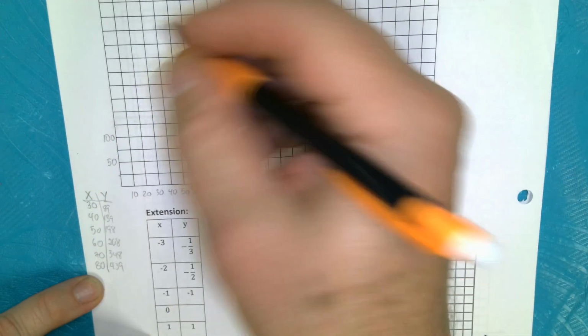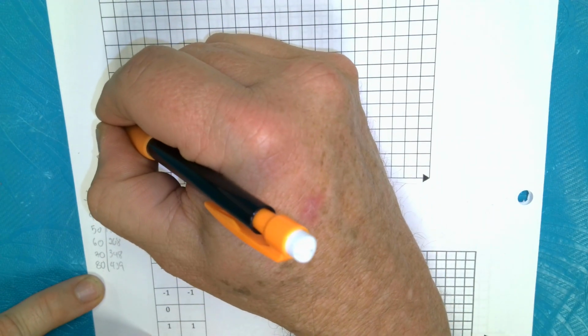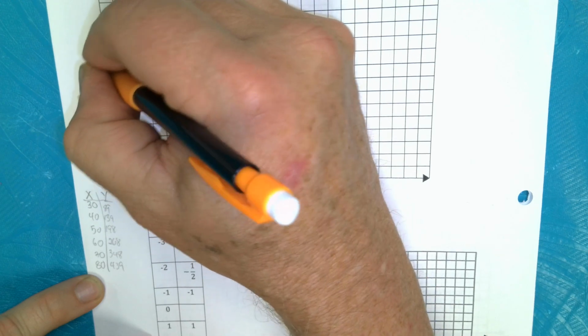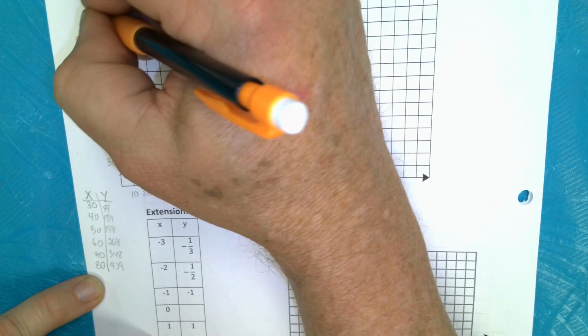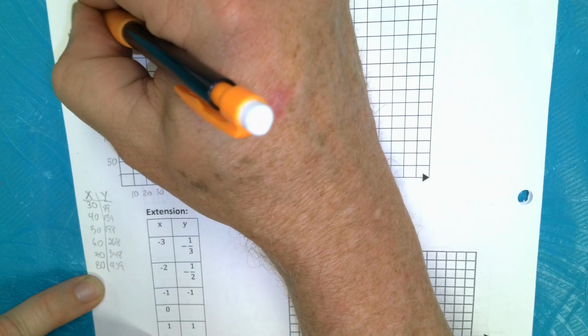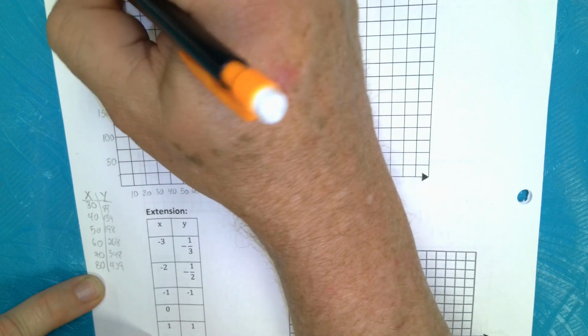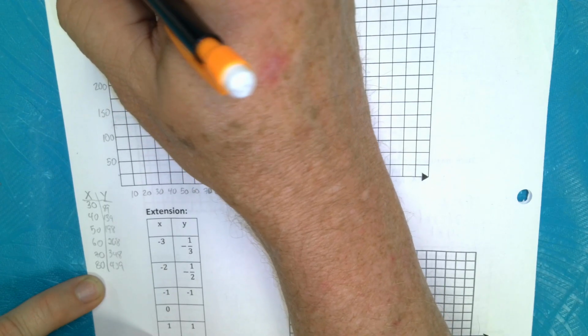You can if you want. 125, 150, 175, 200, 225, 250, 275, 300, 325, 350, 375, 400, 425, 450, 475, 500.